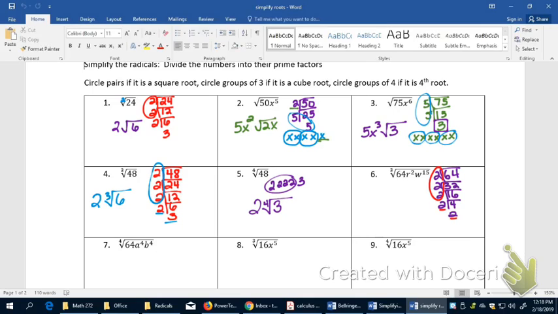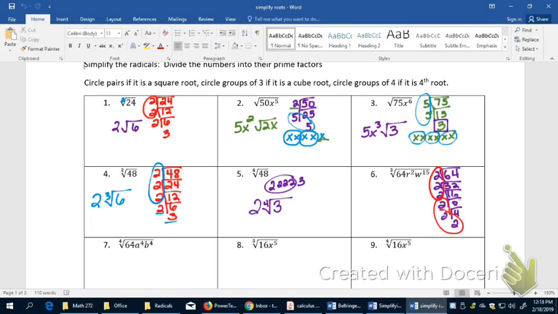Okay, let's talk about it. So if you divide out 64, all right, yep, I didn't divide. I messed up one of the numbers. So actually, when you divide, you end up with 6 2's. Okay? And it's got a cube root. So I'm circling every 3 of them, right?